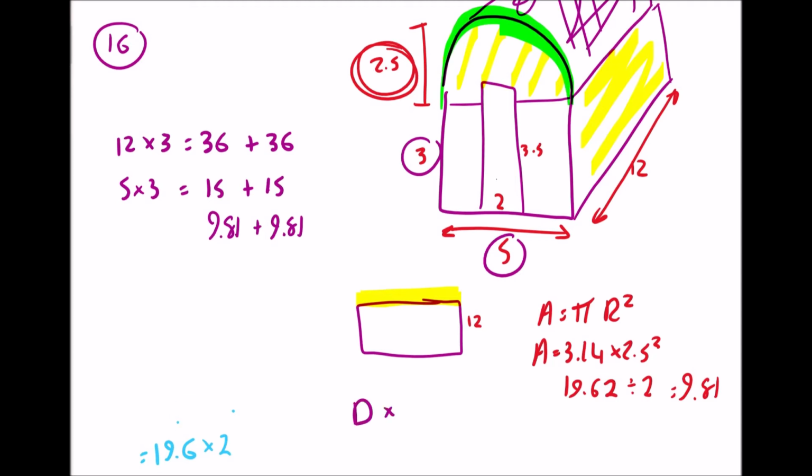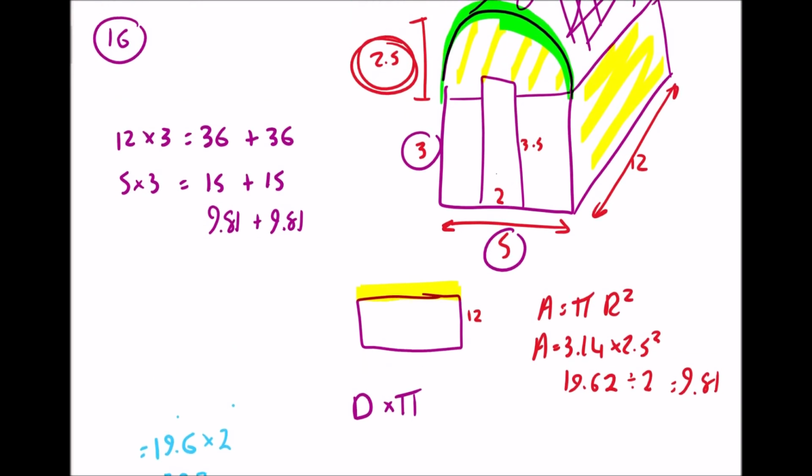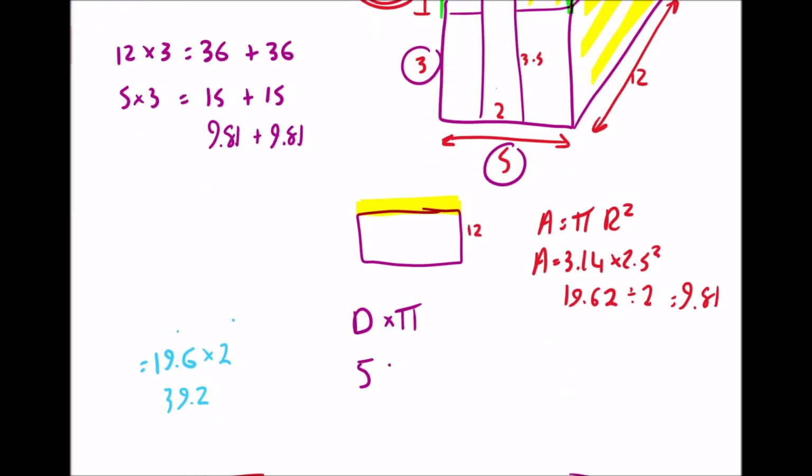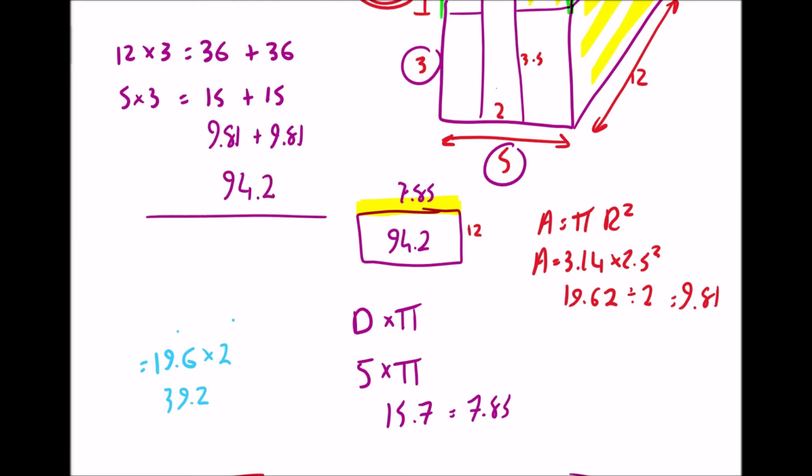Diameter is 5. 5 multiplied by 3.14 equals 15.7. However, it's a semicircle, so divided by 2, we get 7.85. Now we're going to multiply 7.85 by 12, and we get 94.2. So this is 94.2, and there's only one of them.